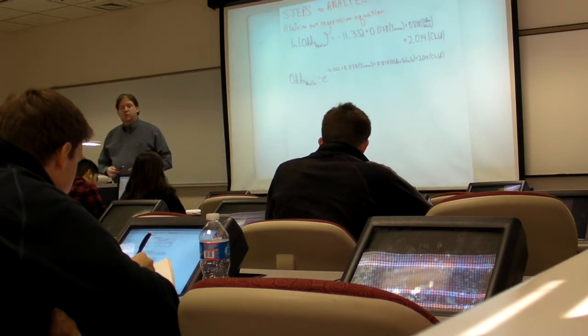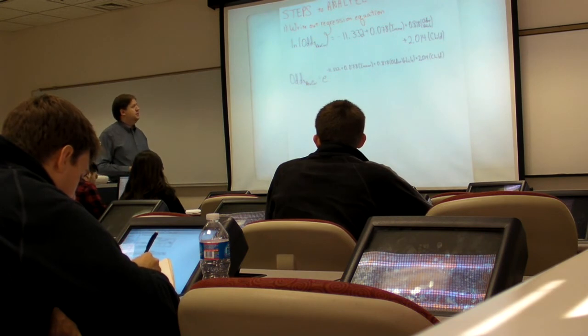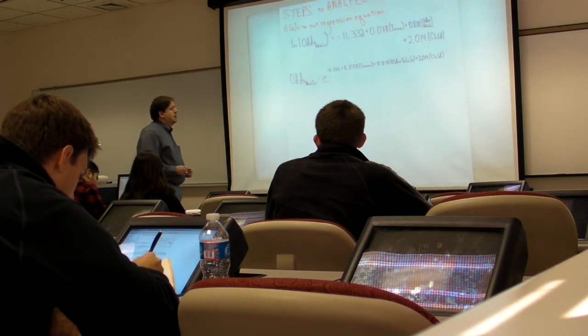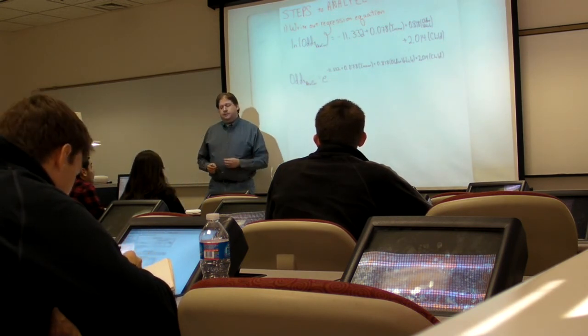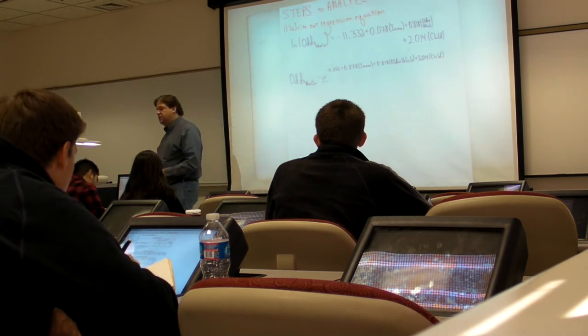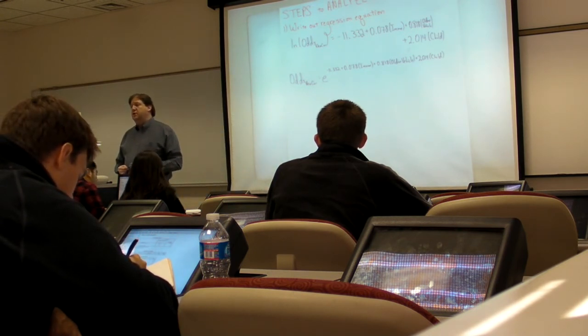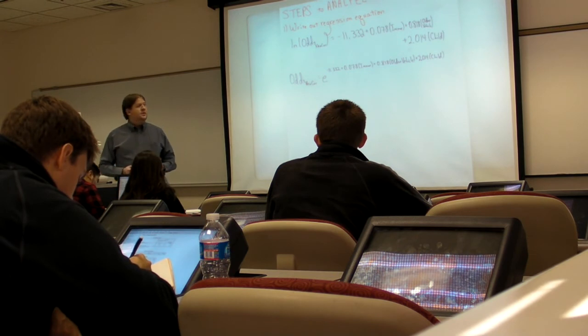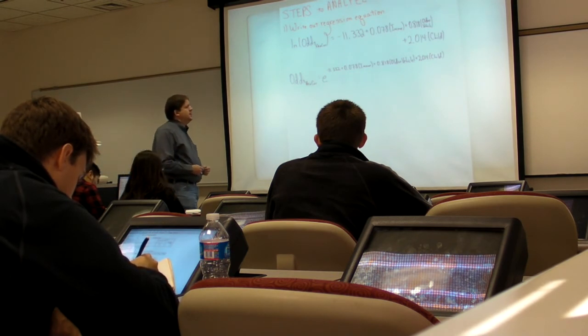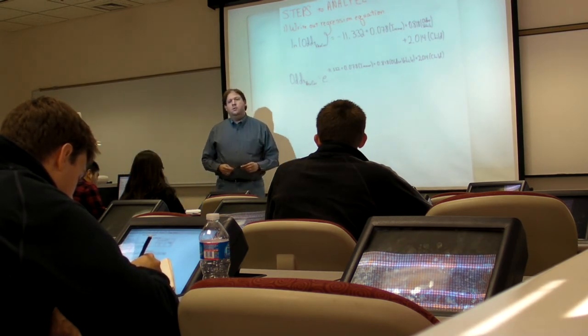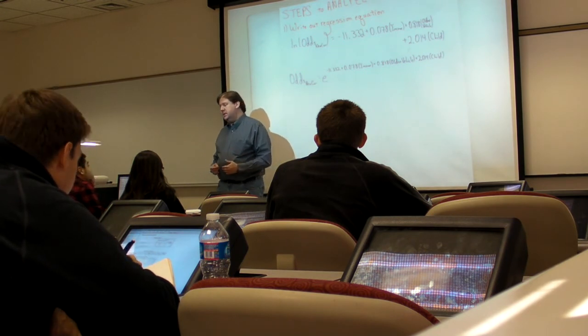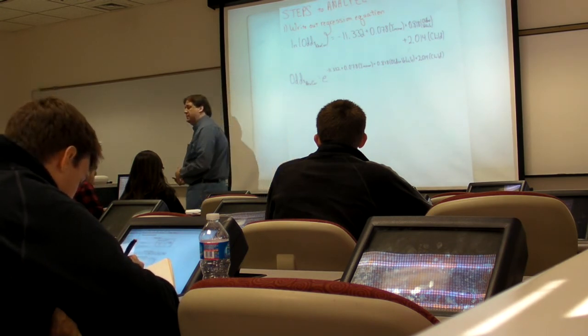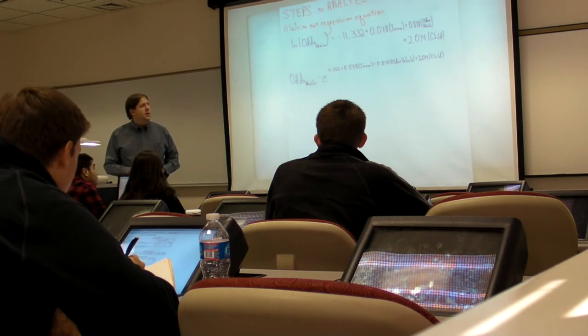So our first step is to write out the regression equation. In a logistic regression, our regression equation is just the natural log of the odds. So what we're dealing with is the natural log of odds, so log odds here.